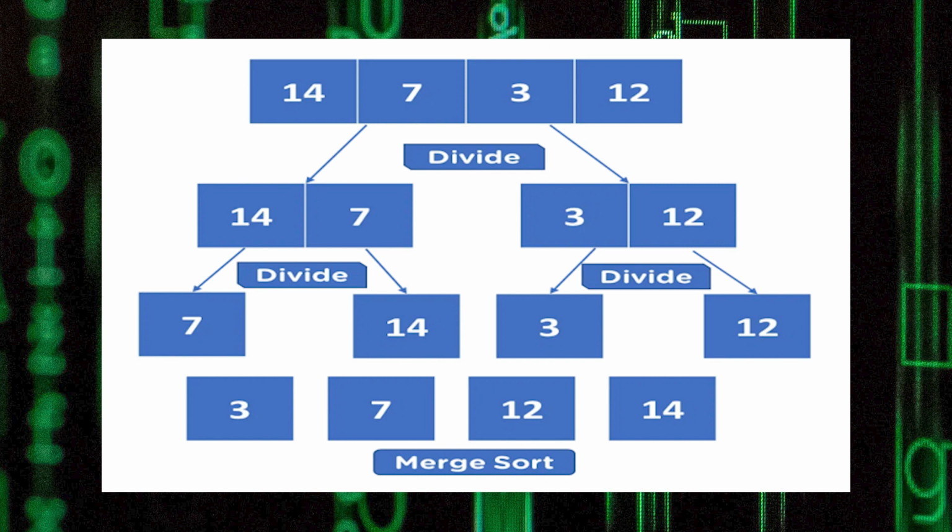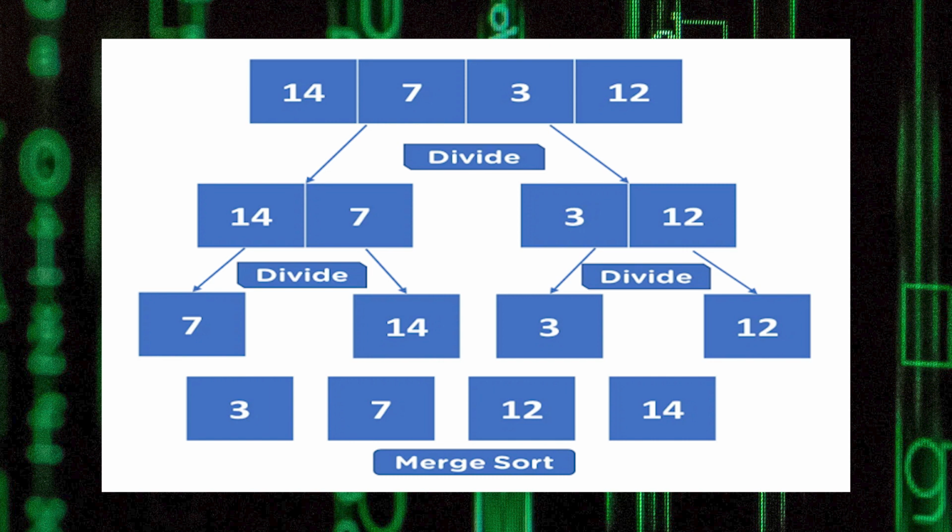Then again it is divided into sub arrays. In the second phase the leftmost array is of 2 elements and the rightmost array is of 2 elements. Again they are divided into single elements. Now we have 7, now we have 14.